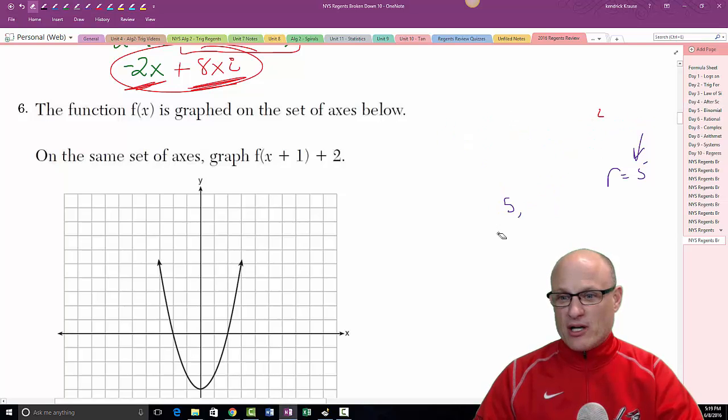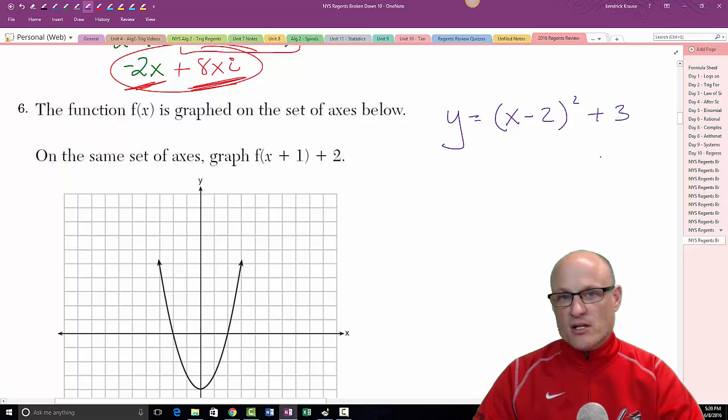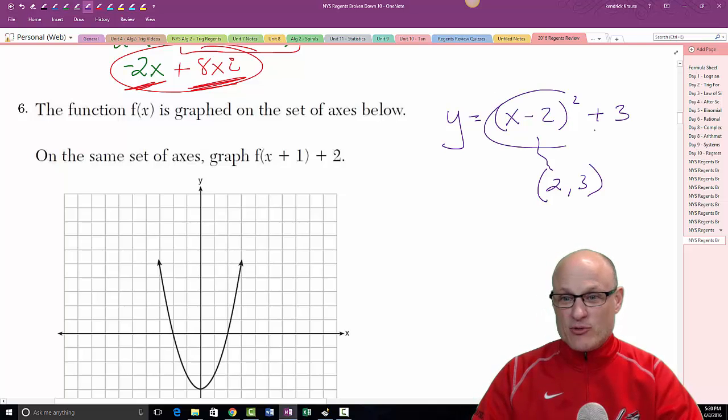If I gave you a parabola in its vertex form, hopefully you've seen parabolas in vertex form, y equals (x - 2) squared plus 3, and I asked you, what's the vertex? The vertex would be (2, 3). Because just like in that last one with the circle, anytime you take numbers out of the parentheses, they come out with an opposite sign.